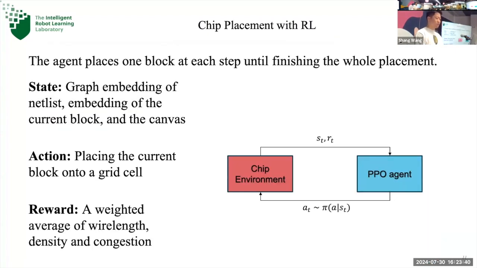Google trained an agent to place the blocks one at a time onto the canvas, and after placing all the blocks, the agent received a reward at the end of the episode. The state space is the graph embedding of the netlist, the embedding of the current block, and the canvas. The action space is the number of grid cells, and the reward is the weighted average of wire length, density, and congestion.